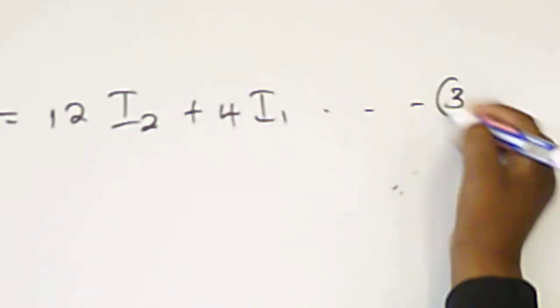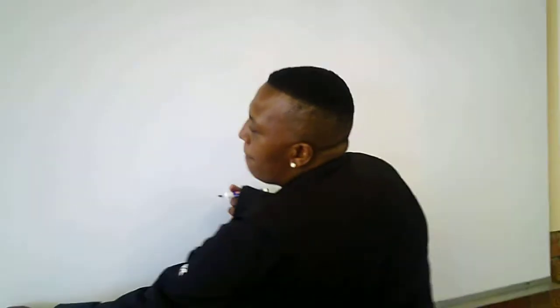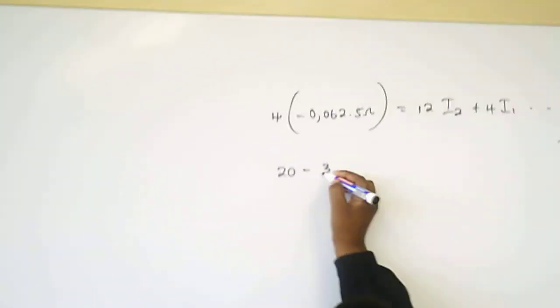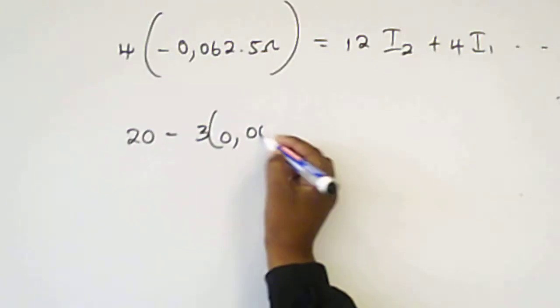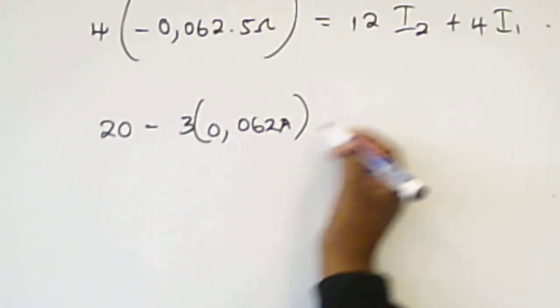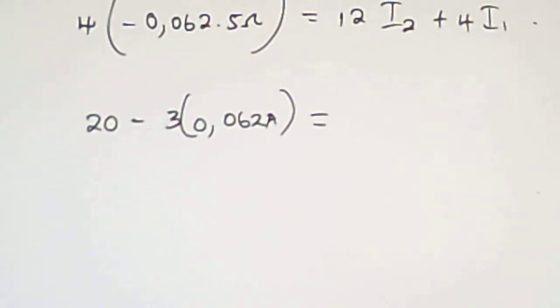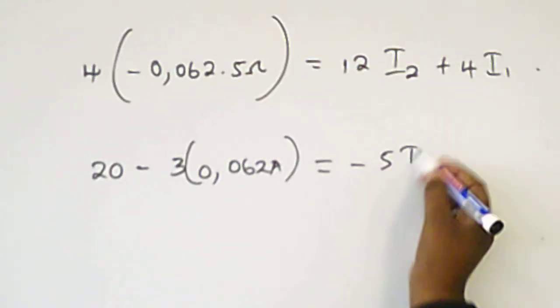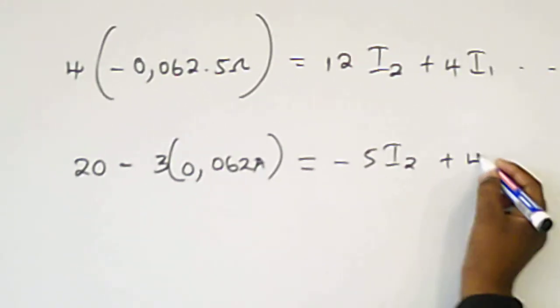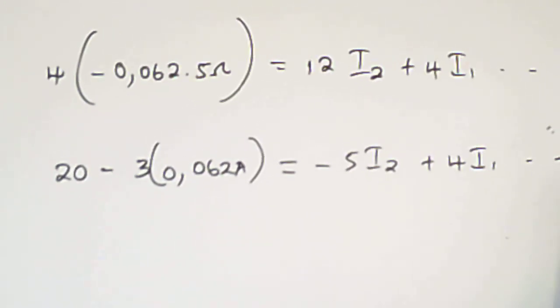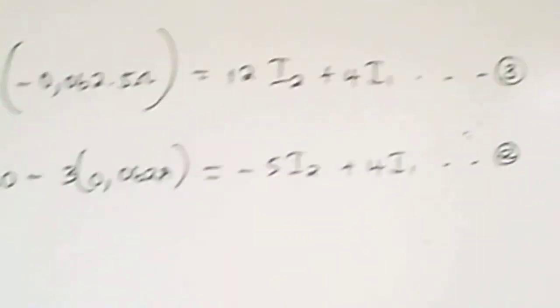This we call equation 3 because it's been changed from the original. Compare it with this one. Here I have 20 minus 3 into 0.062 amps is equal to minus 5 I2 and plus 4 I1. This is equation 2.